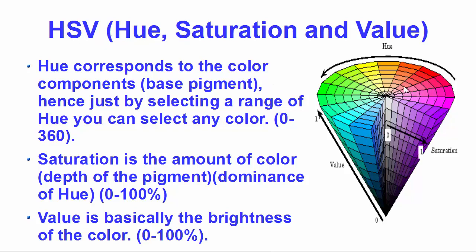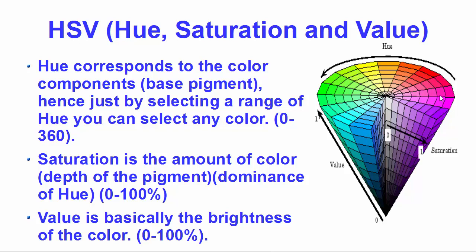HSV is also known as the hexcone color model. This color space can be described in this kind of cylindrical cone model, where hue is this circular angle which varies from 0 to 360, and hence just by selecting the range of hue you can select any color.